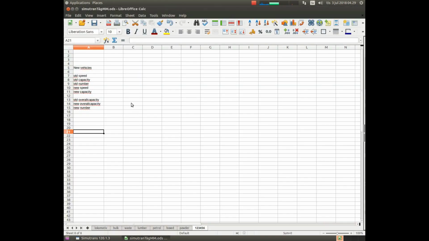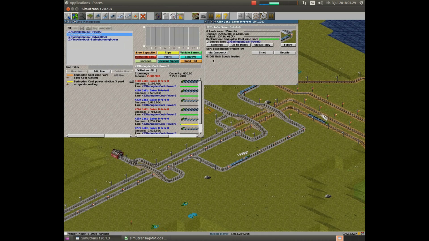Alright, we need some input to generate the right output. The old speed is 55 km per hour. The old capacity is 90.